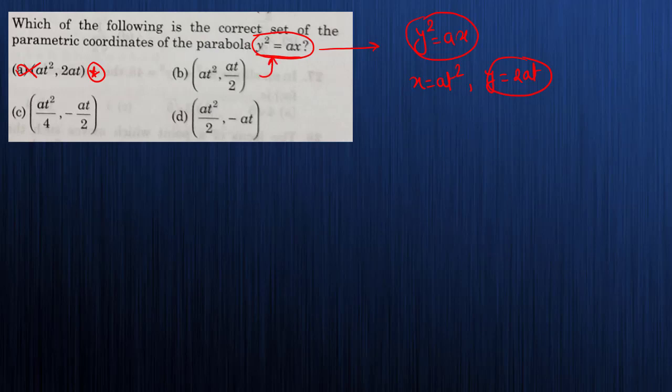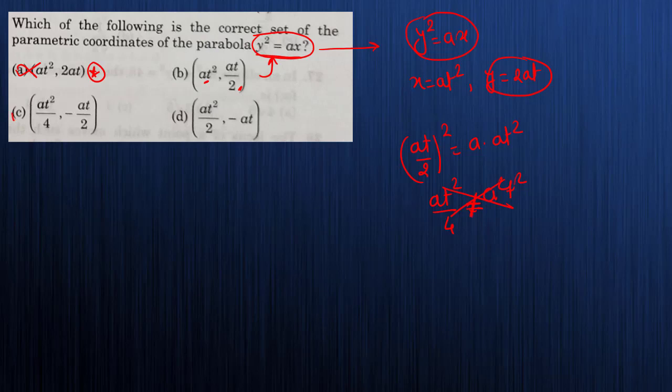So what will we get? It is t square, y is t by 2. So t by 2 whole square is equal to a into t square. I am substituting x is equal to this part and y is equal to this part. Okay, so you will be getting t square by 4 which is equal to a square t square. So definitely it is not correct. No, these are not correct.